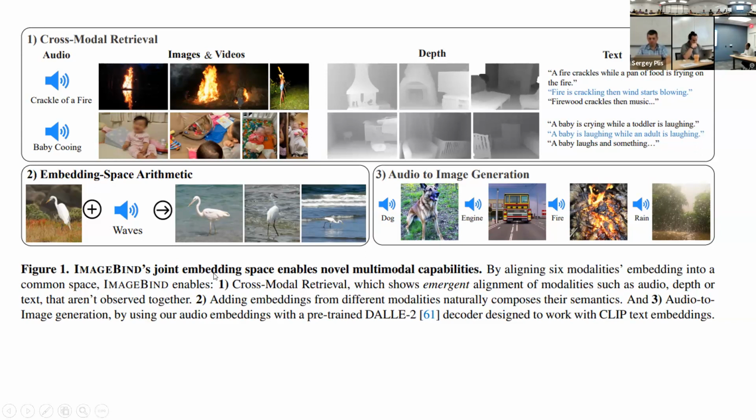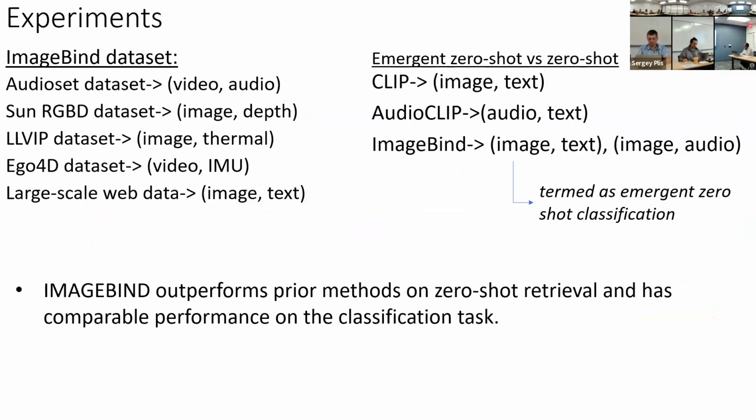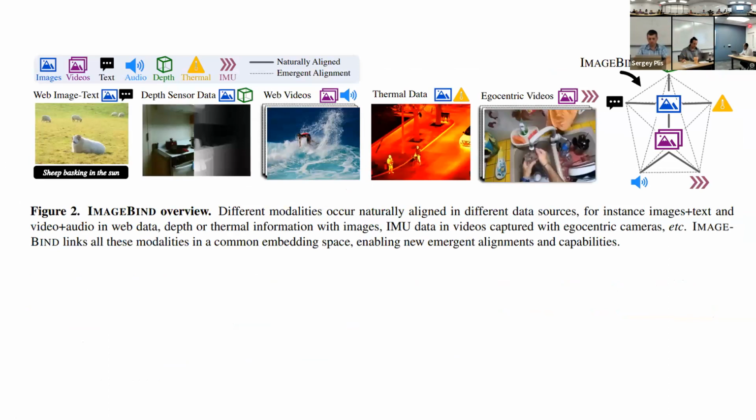So the main point of this method is that the previous methods for multimodal fusion need to train on all of the pairs, but in this method, there is no need for all of the pairs.